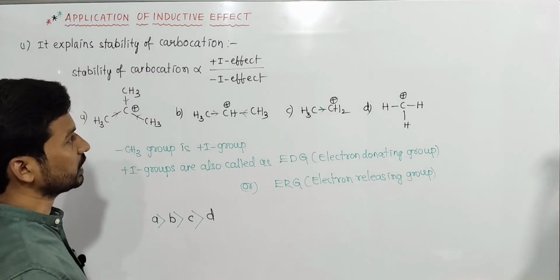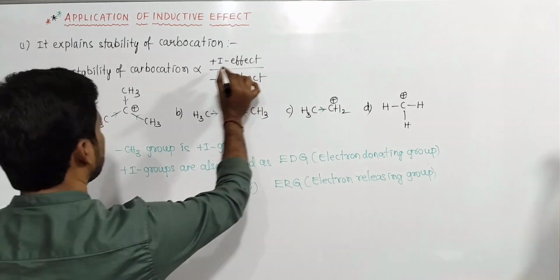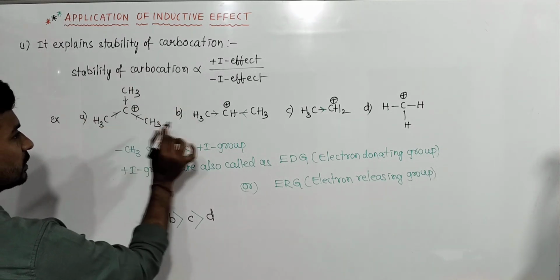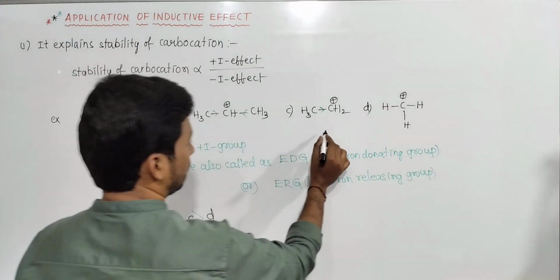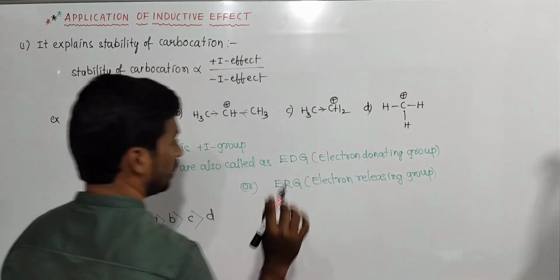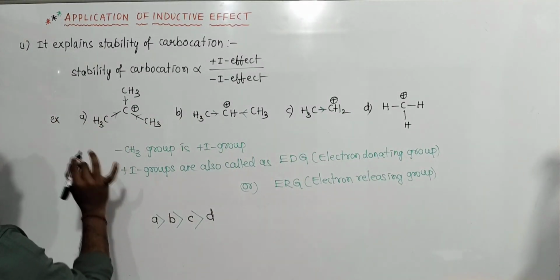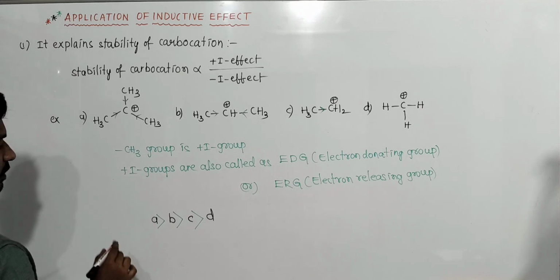As electron donating groups increase, plus I effect increases, and stability of carbocation increases. Here 3 plus I effects, here 2, here only 1, here 0 plus I effect. That's why tertiary carbocation is more stable.